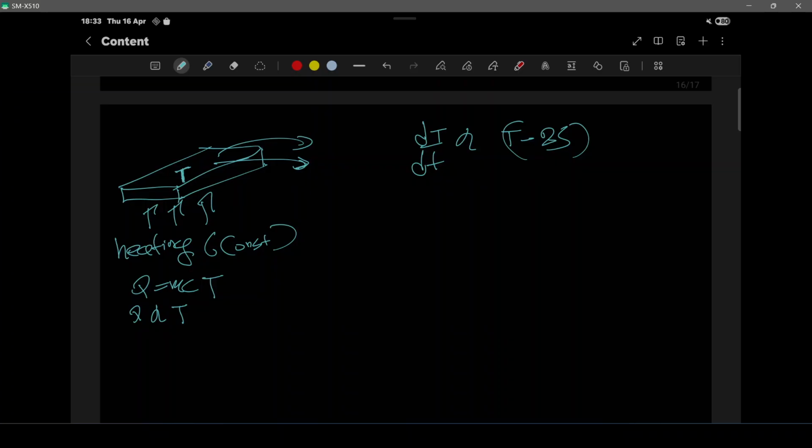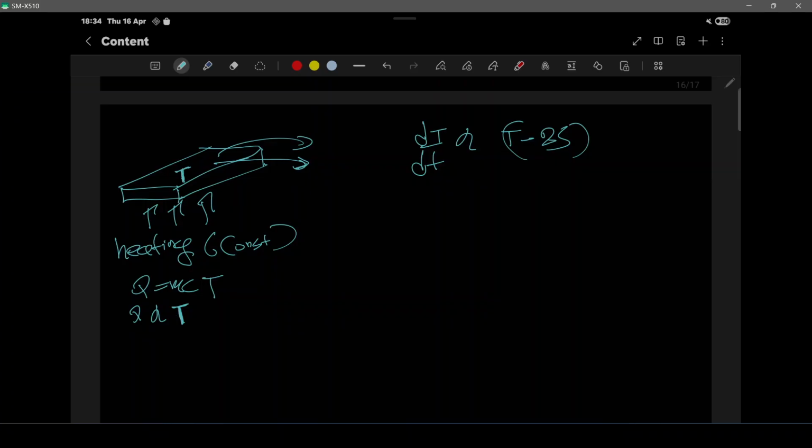Heating is the energy, and temperature is some kind of function of it. When you heat up, temperature goes up. So when there is constant heating, the temperature also rises constantly.